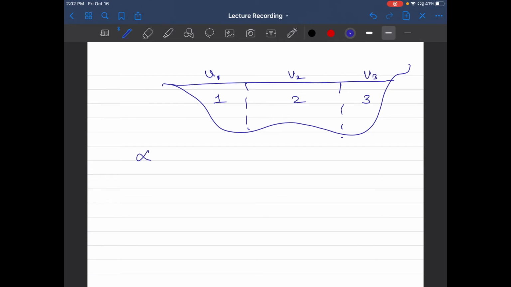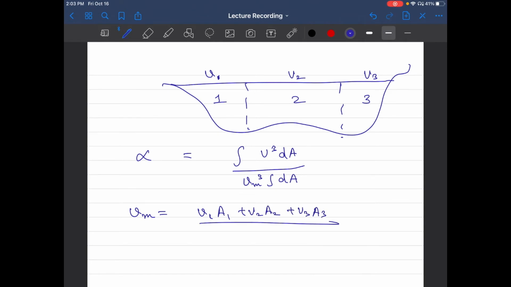If we have to calculate alpha in this case, we need to understand what V cube dA is in the numerator, and in the denominator the value of dA, and the average velocity simply becomes Vm cube. Now Vm is nothing but V1A1 plus V2A2 plus V3A3 divided by A1 plus A2 plus A3.